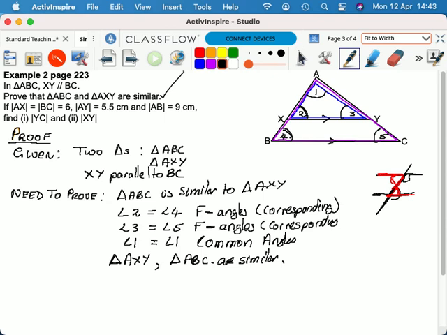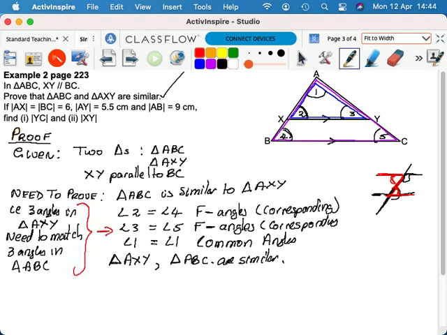So basically, I need to prove that, so I should have put in here, i.e., 3 angles in triangle AXY need to match 3 angles in triangle ABC. And of course, what I did then is I went on to do it.